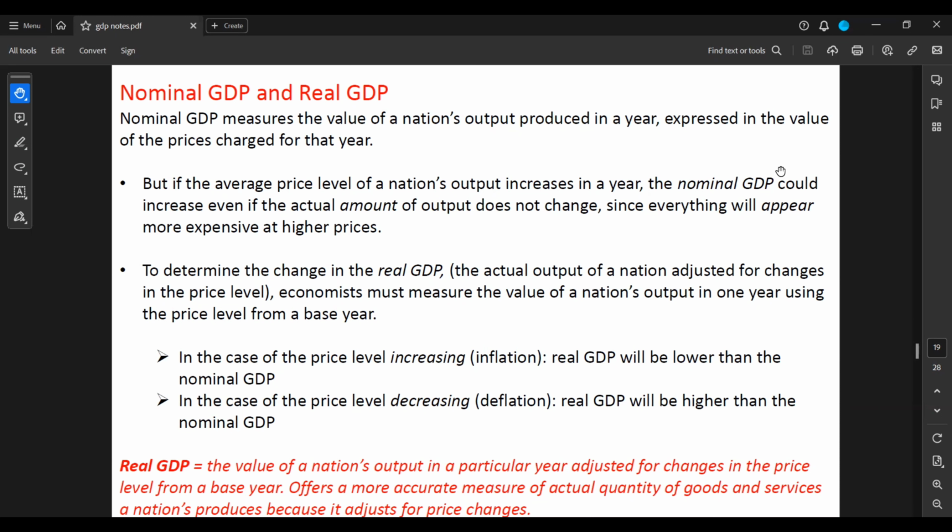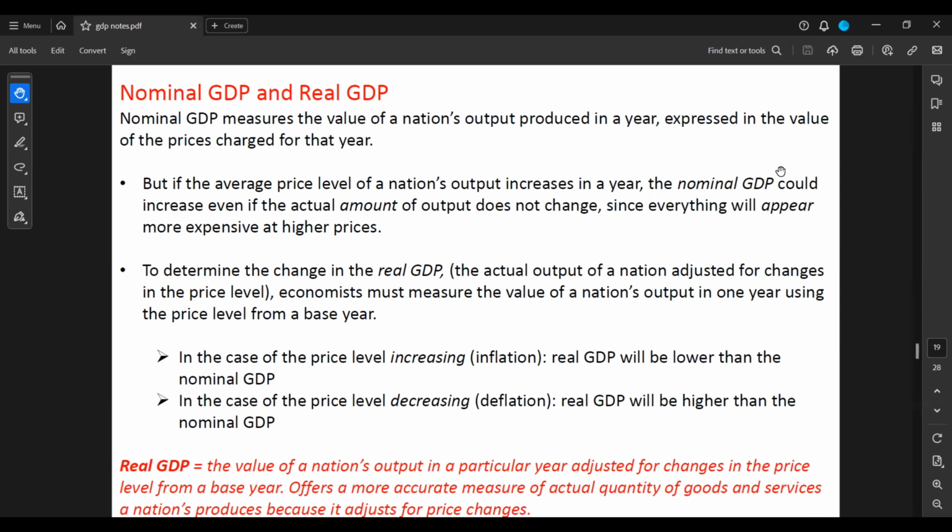To determine the change in the real GDP, the actual output of a nation adjusted for changes in the price level, economists must measure the value of a nation's output in 1 year using the price level from a base year. In the case of the price level increasing, which is inflation, real GDP will be lower than the nominal GDP. In the case of the price level decreasing, deflation, as it is known, real GDP will be higher than the nominal GDP.